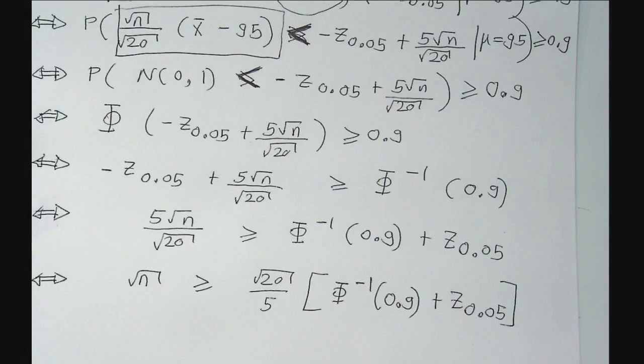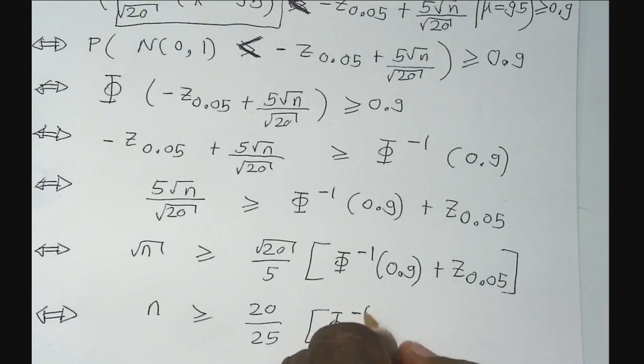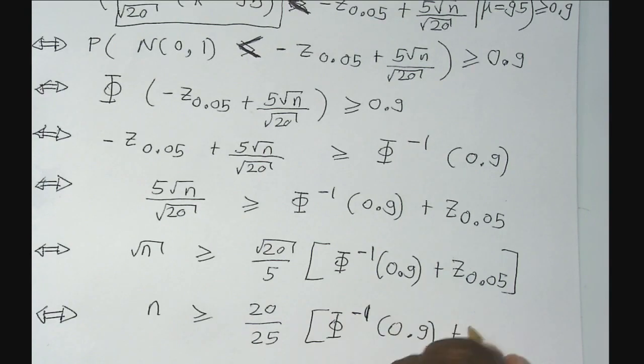And now finally you should square both sides. Then n will become greater than or equal to 20 divided by 25 times that quantile squared, right? So that's the answer.